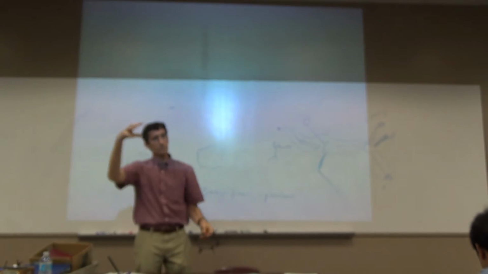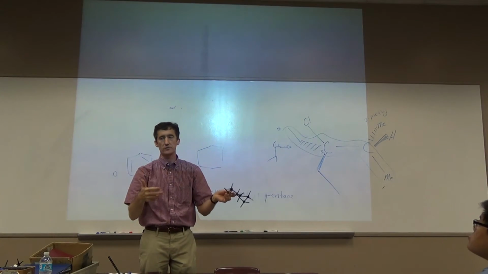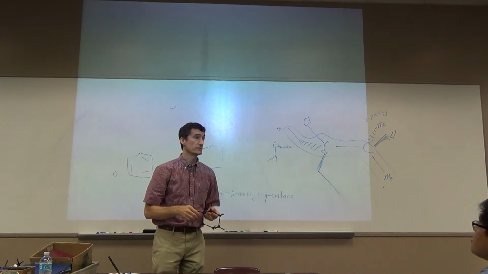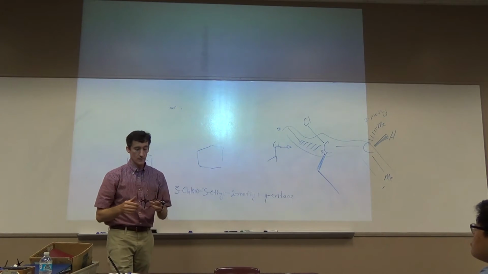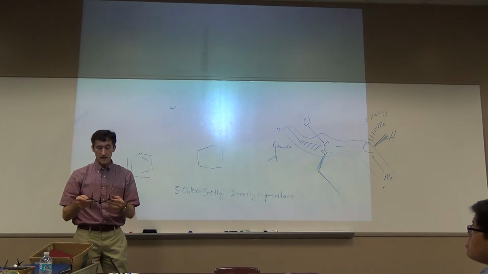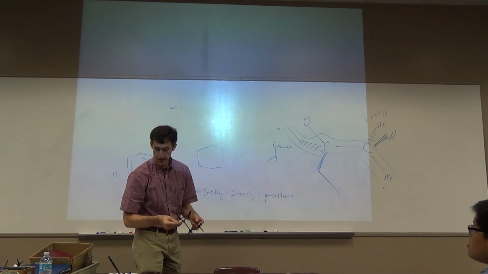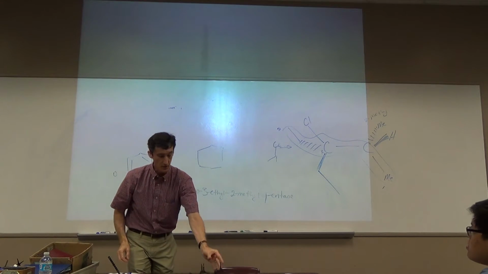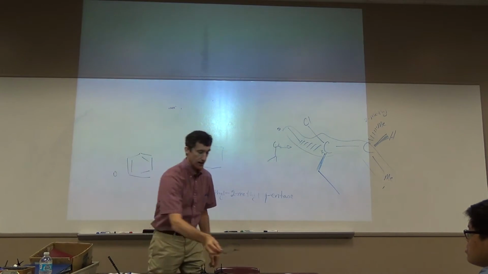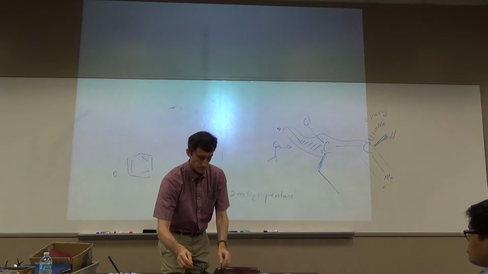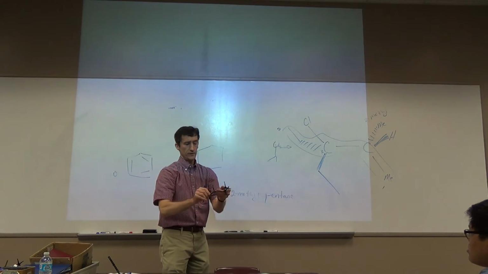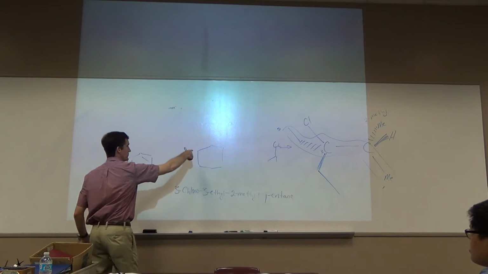So by doing the boat or chair, actually this is the chair, the H's are no longer eclipsed. And that's a driving force for why you get the chair. And so there you go. It exists like that, instead of being all planar. So that's a limited view when we do this.